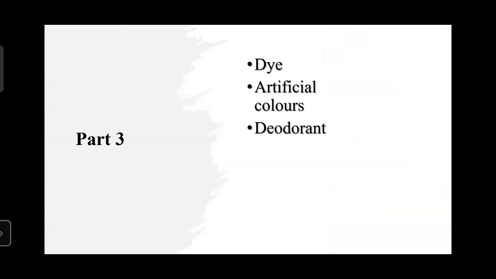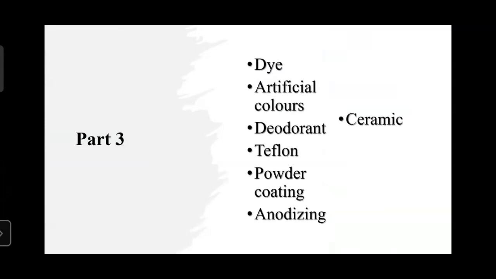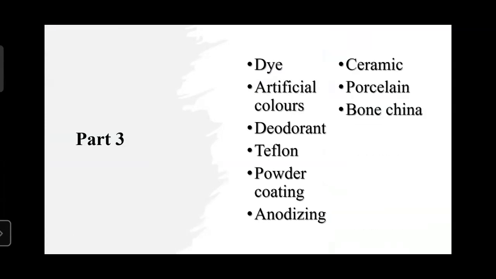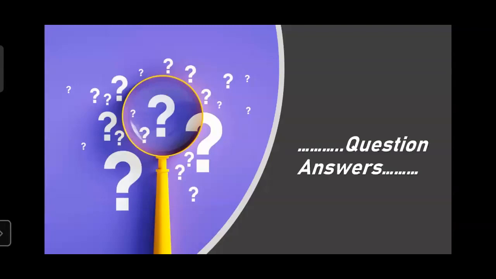In part 3, we have seen dye, artificial color, deo, Teflon, then powder coating, anodizing, ceramic and porcelain and bone china and advanced ceramic. Now today we are going to see some questions and their answers in detail.